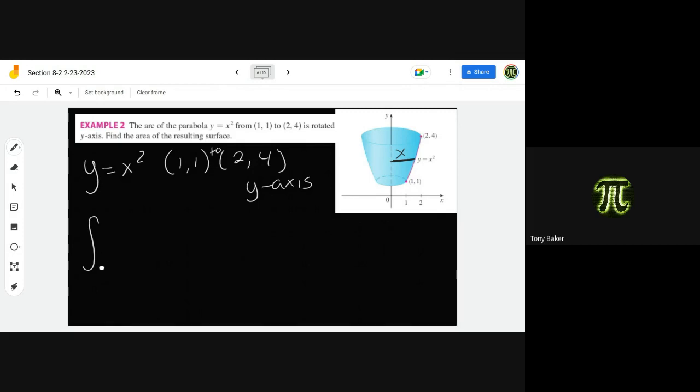Because we're using y equals, we're still going from 1 to 2, because we're plugging in for the x, so we're using the x values. Since my equation is still y equals x squared, we're still using x. We're not plugging in for y, which, if we were, I'd go from 1 to 4. Since we're plugging in for x, we're still going from 1 to 2.